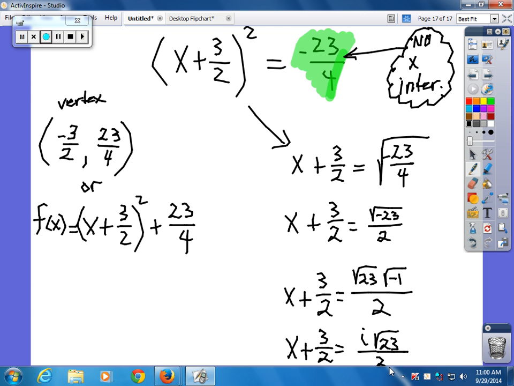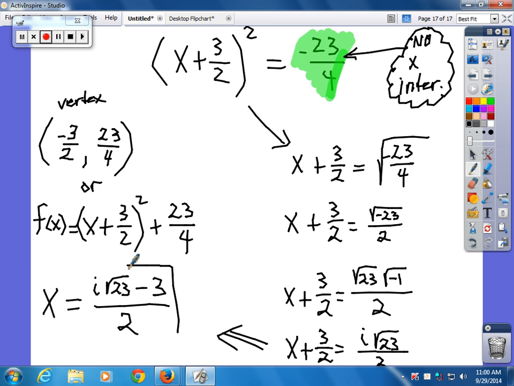So what you do is you just rewrite it in exact form, and you get x is equal to i times the square root of 23, minus 3, over 2. And that is your solution to your no x-intercepts. In other words, you're telling the teacher, or the homework, or the test that there are no x-intercepts here because you have an i in the problem.